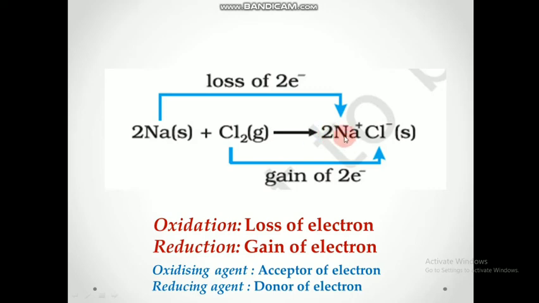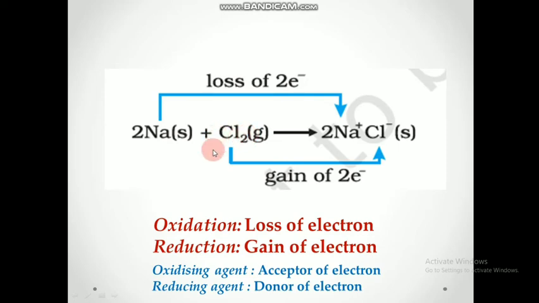So 2 compounds of NaCl are formed, which balances the equation. So which is getting oxidized? So remember, whoever gains a negative charge will be reduced in its character. So chlorine is gaining electrons, so it is reduction. And sodium is losing electrons, losing negative, and showing oxidation.